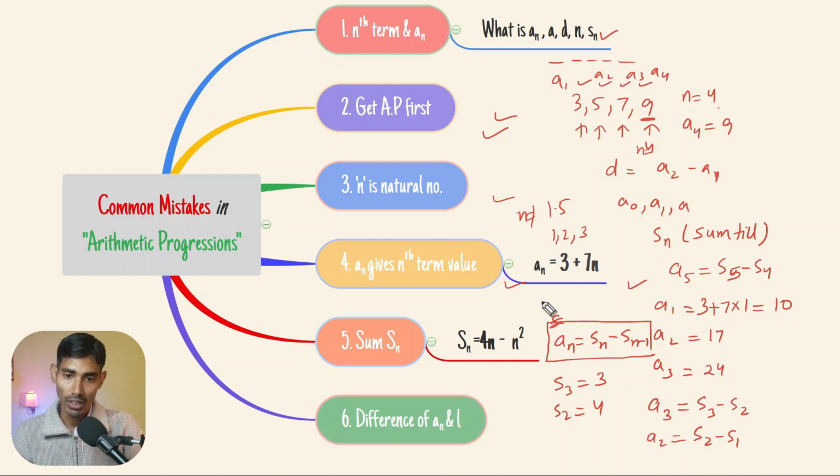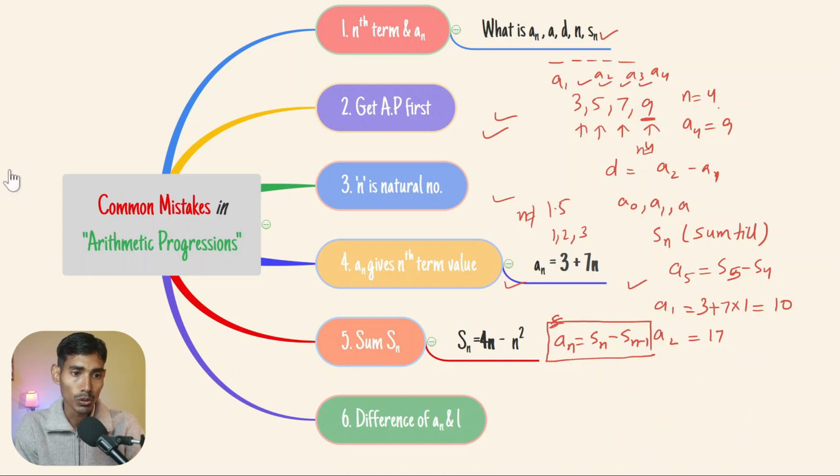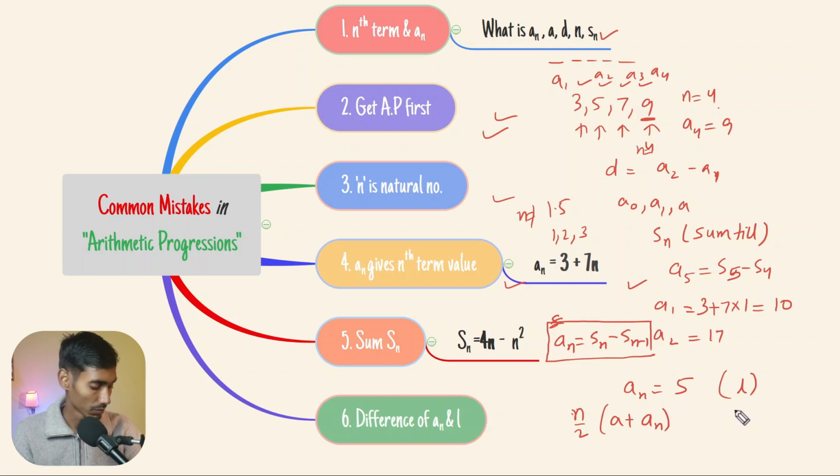Suppose you are given the An value, maybe 5, and that is the L value also. So you can use n by 2 times (a plus An) or (a plus L). It's the same thing.